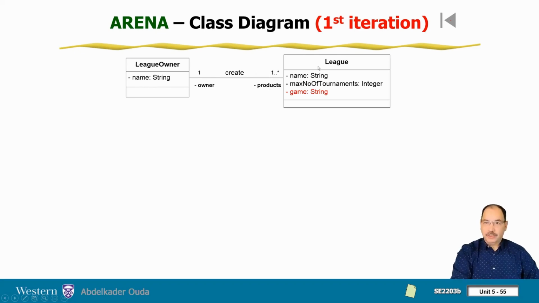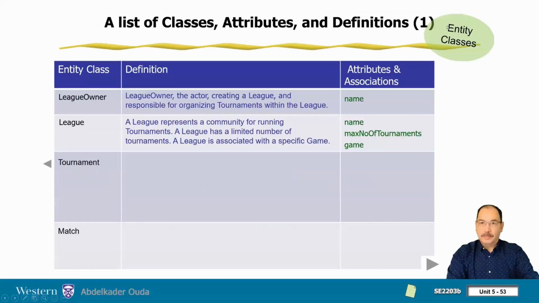The type of this collection is league. The league itself has an owner, created by someone who owns the league. So I write here owner, defined as private of type league owner. That means inside this class, I should have an owner of type league owner.